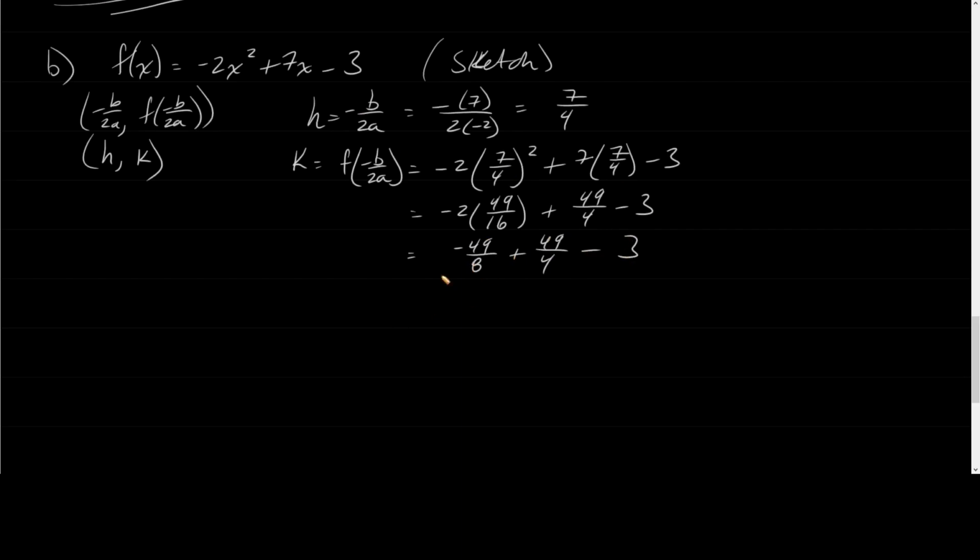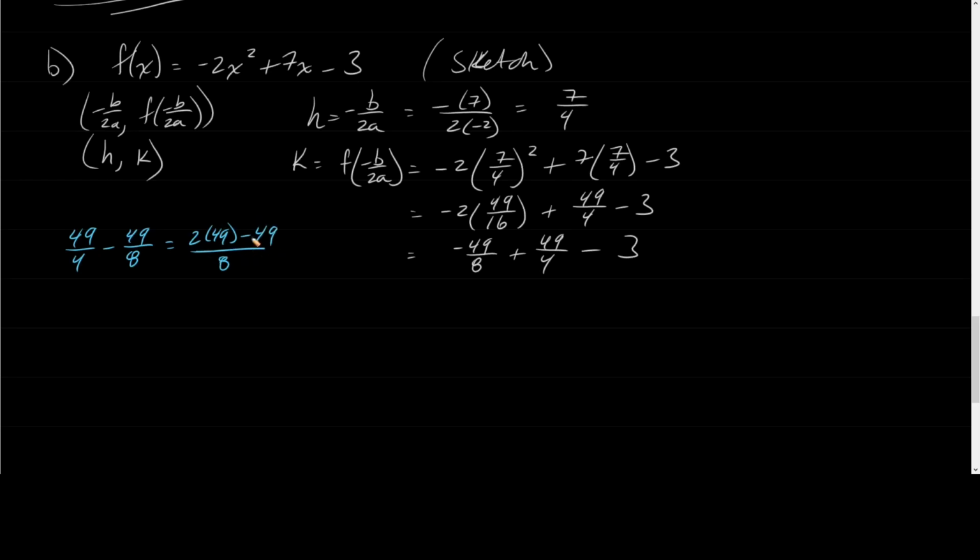And the next thing I notice here is that this is twice as big as this. So let's look at that for a second. Just a little real quick way of adding these fractions. So we have 49/4 minus 49/8. The common denominator is 8. So to go from 4 to 8, multiply by 2. So I have 2 times 49 minus 49.